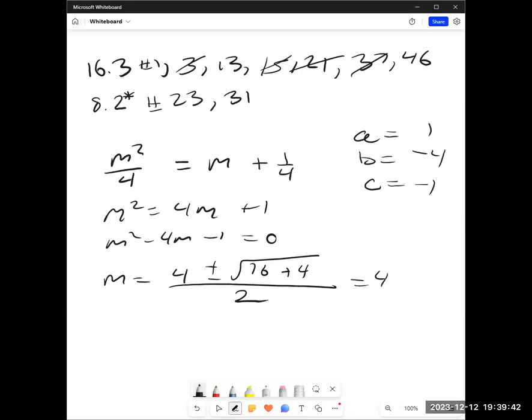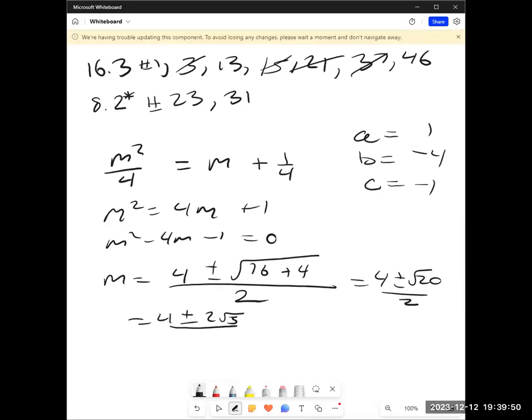It's going to be 4 plus or minus root 20 over 2, 4 plus or minus 2 root 5 over 2. 4 divided by 2 is 2. 2 divided by 2 is 1. Remember, we've got to divide both parts by the denominator, and that should be the same thing that we just got a minute ago.